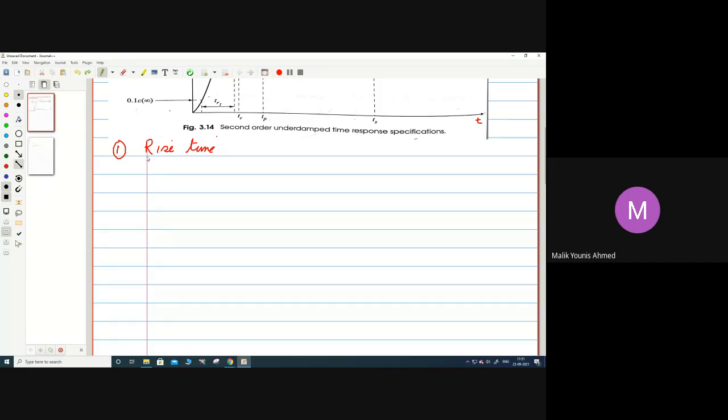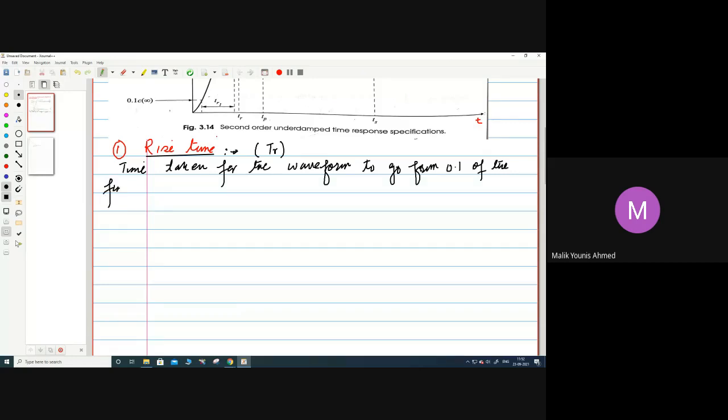This is your rise time, denoted by TR. It is the time taken for the waveform to rise from 0.1 of the final value to 0.9 of the final value.